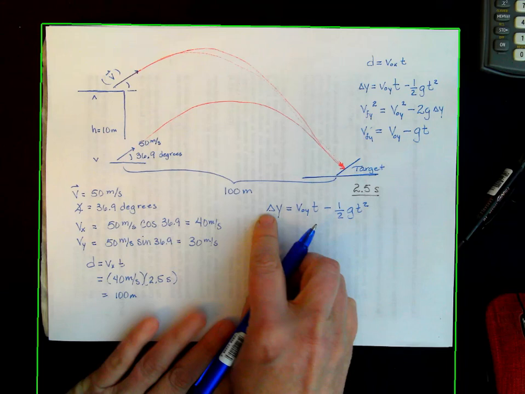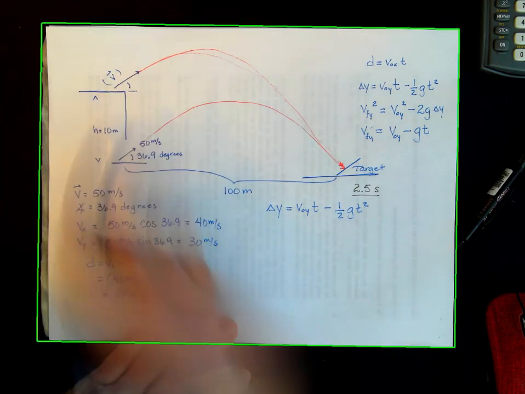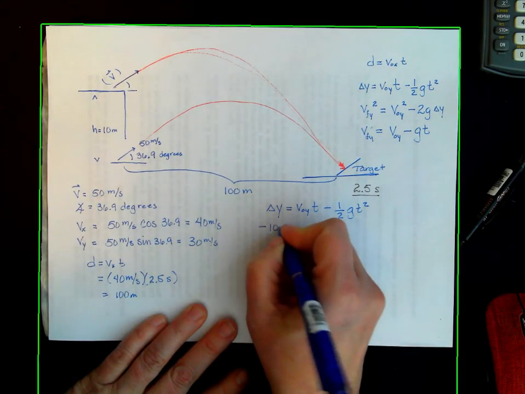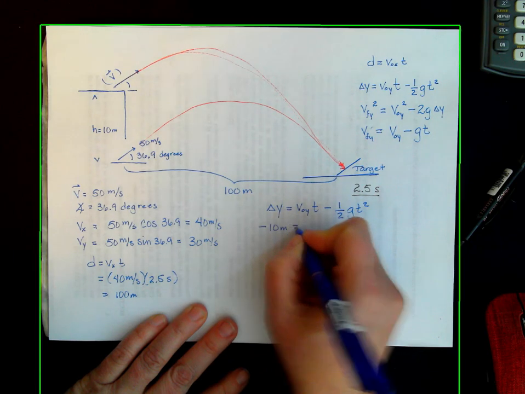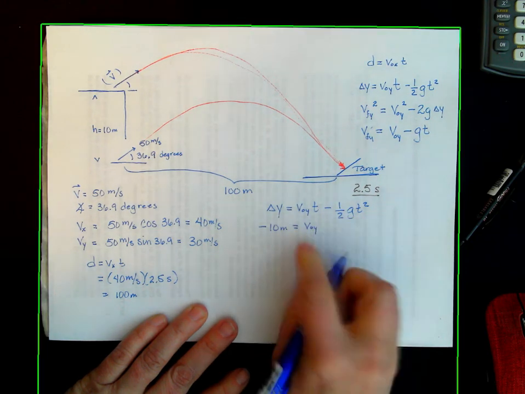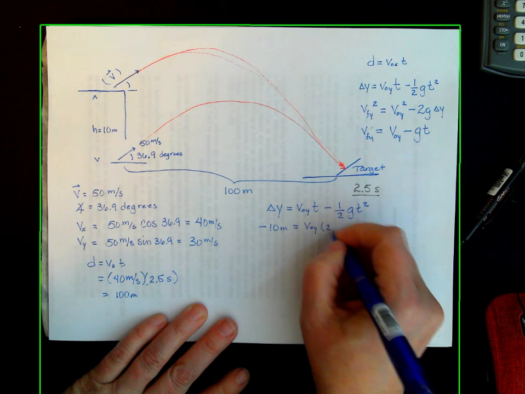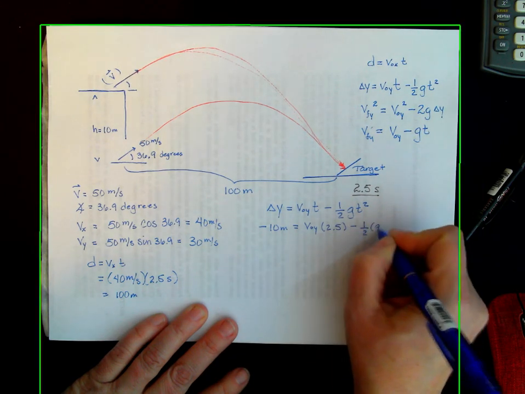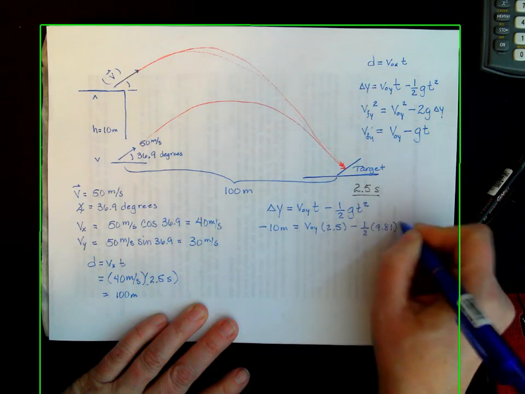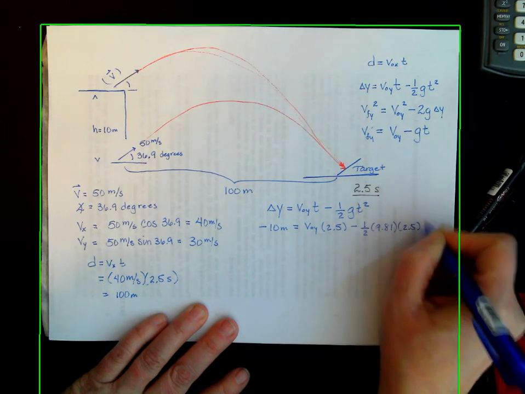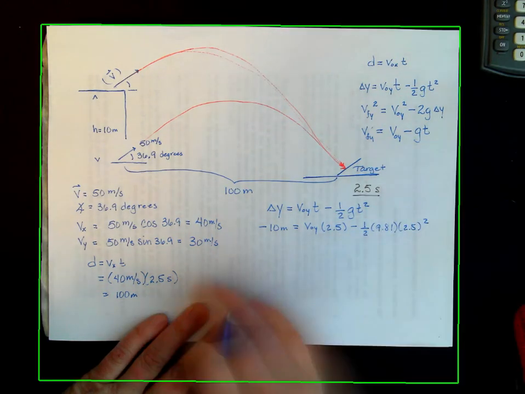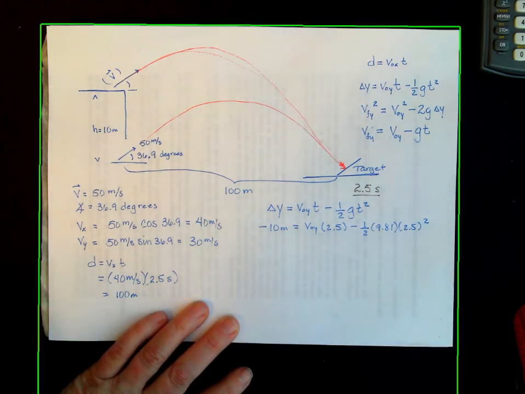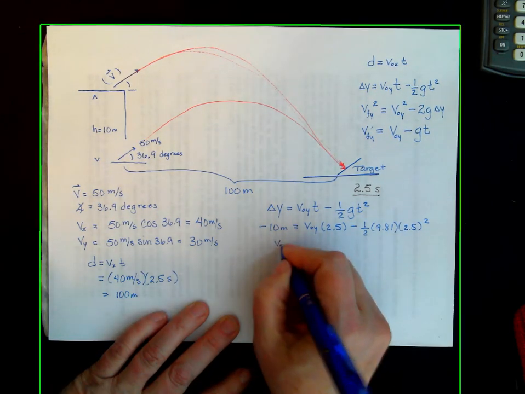Now we've got our change in height: that's got to fall a negative 10 meters. We're looking for that V naught y. We know that the time is 2.5 seconds, we know this is 1/2 of 9.81, and we know that this is 2.5 seconds squared. So we've got all of that, and we can solve for our V naught y.